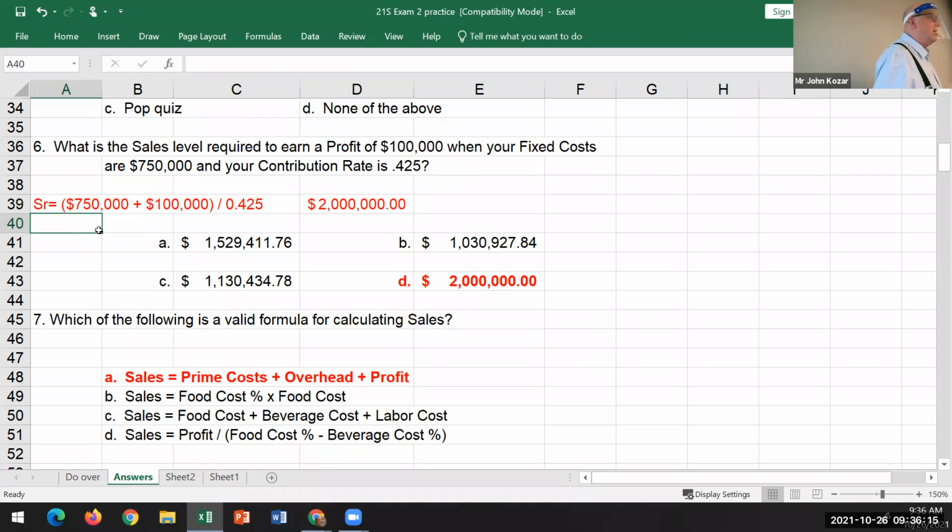So you have to add those together first. Then you divide by the 0.425. That's not the formula as written. It's fixed cost plus profit added together divided by contribution rate.